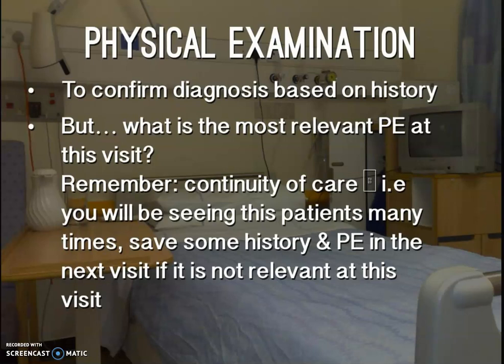For example, if this patient has HHS, you need to examine the blood pressure, whether the patient is hypotensive, and other things that you think are relevant during this consultation.